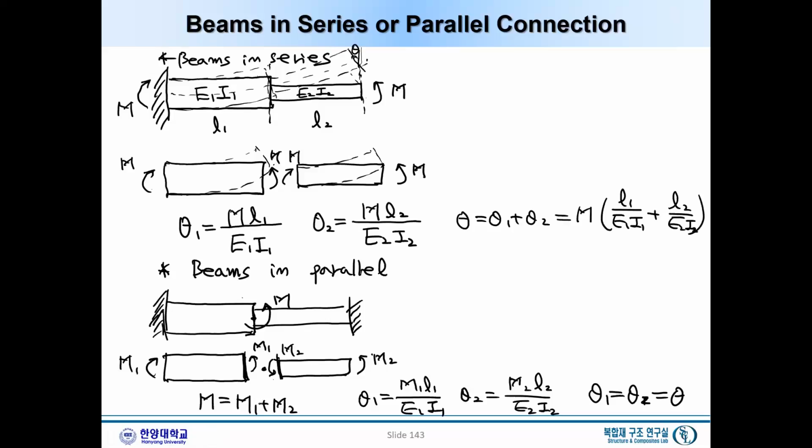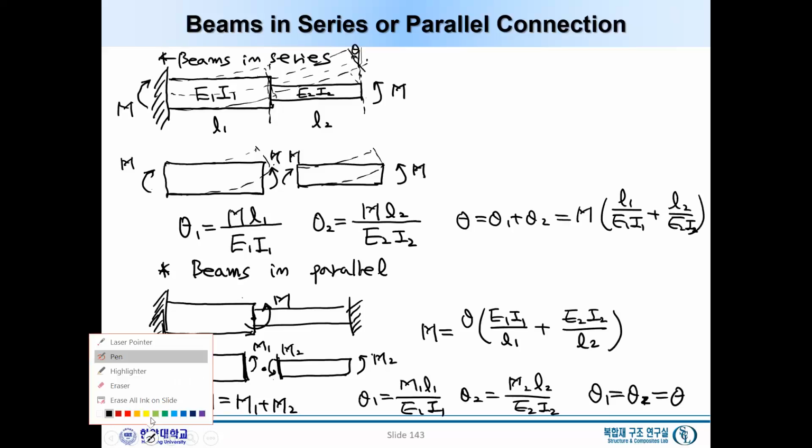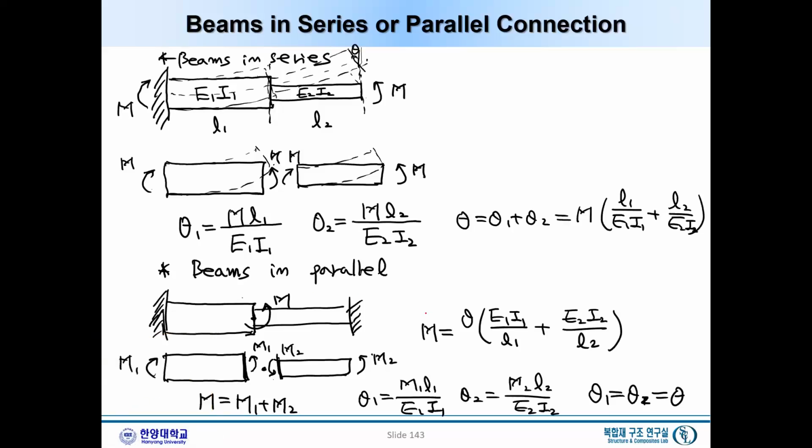So if we put it here, moment M1 is here, and theta 1 will be theta. So theta E1 I1 over L1 plus another M2 is here, E2 I2 over L2, and theta is there. Okay, so these are the equations for beams in parallel.